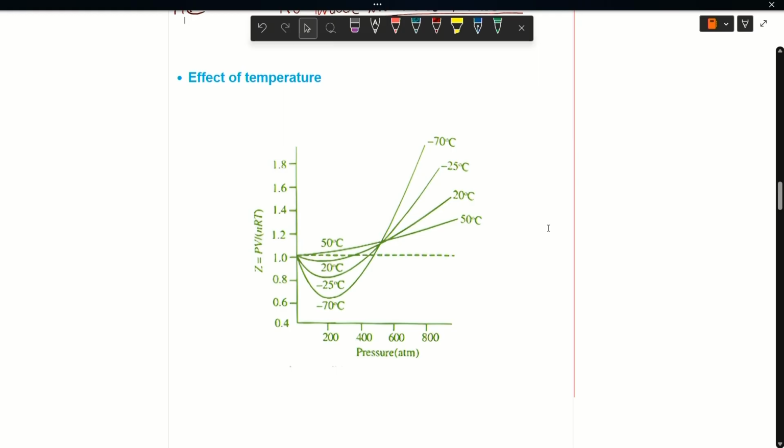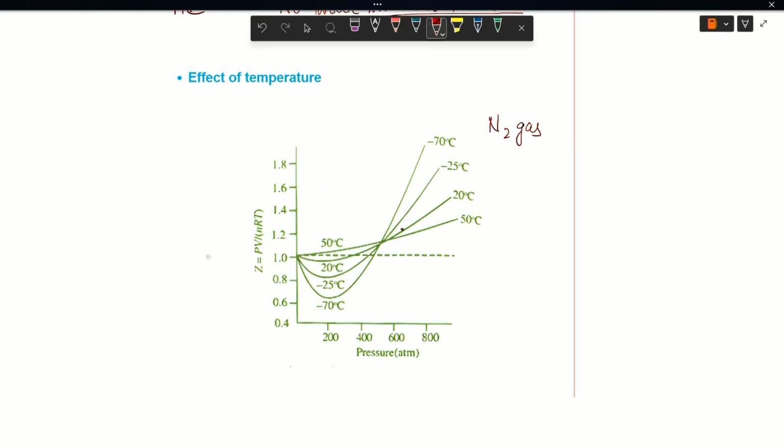Here we are taking nitrogen gas. The temperatures are given. Again we are going to plot the value of compressibility factor against the pressure at different temperatures.